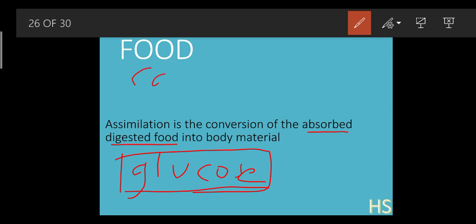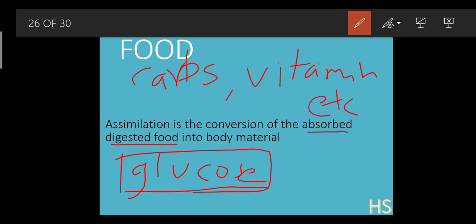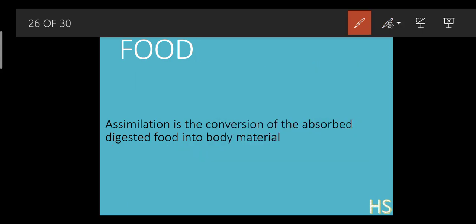We get glucose from carbohydrates, vitamins, minerals, and from the smaller pieces like the amino acids and all.